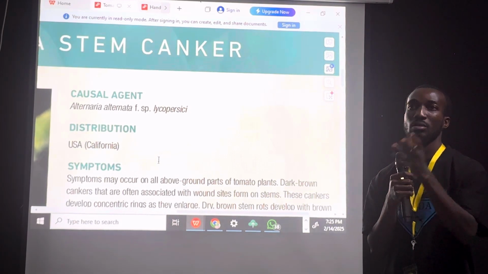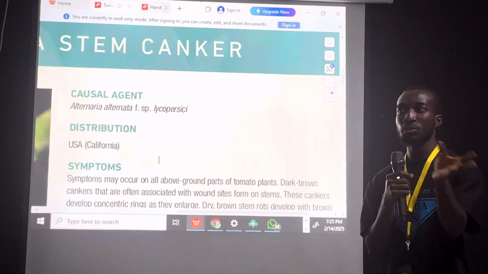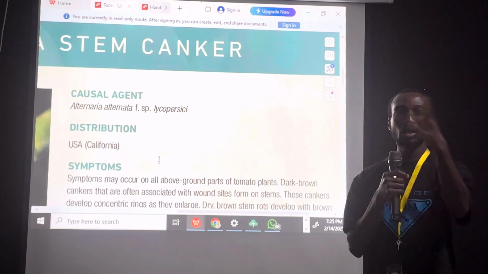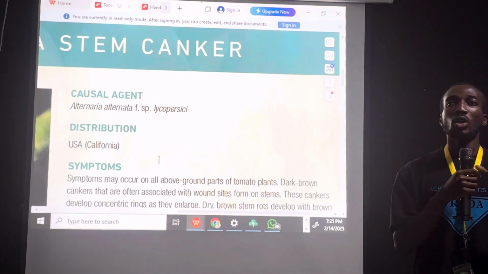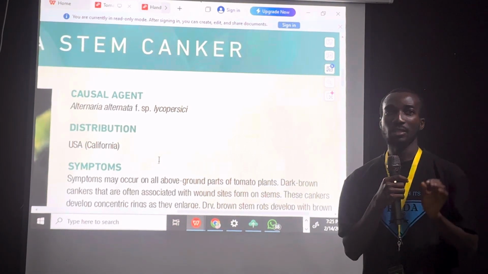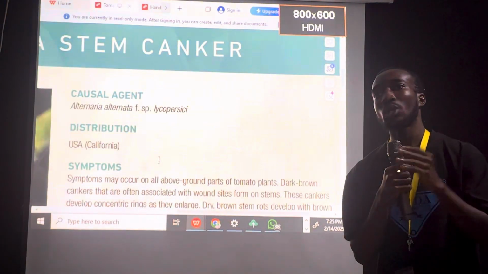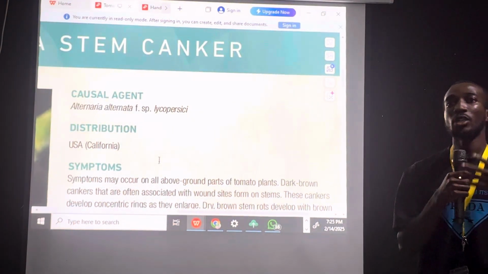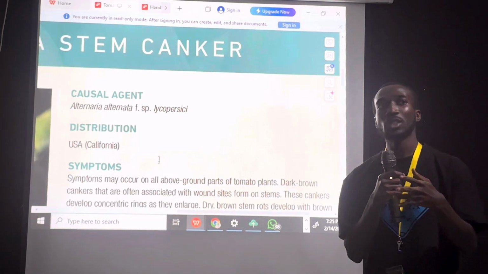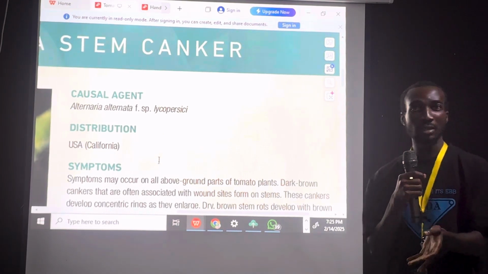How do these fungi move from one place to another? Or how do we transmit it from one plant to another? You can transmit these fungi by contamination. You can also cause the contamination when you want to prune your plant or do some practice on your plant.